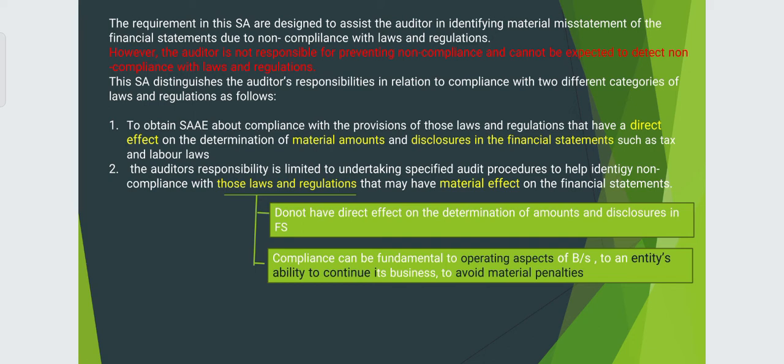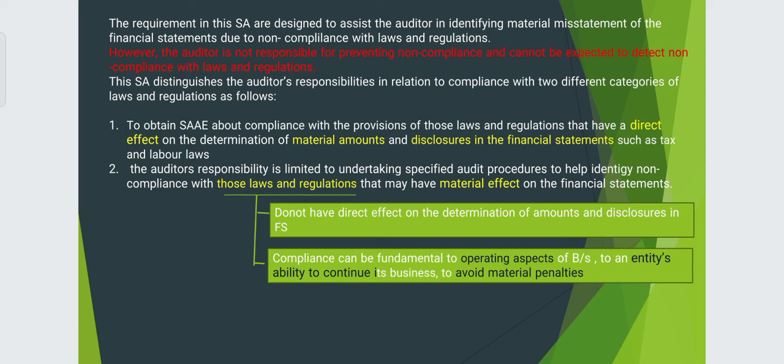The second explains that the auditor also has to ensure compliance with those laws and regulations that do not have direct effect on the determination of amounts and disclosures, but compliance with them is fundamental to the operating aspects of the business, to the entity's ability to continue its business, and to avoid material penalties. Examples can be compliance with the terms of an operating license, compliance with regulatory solvency requirements, and compliance with environmental regulation.